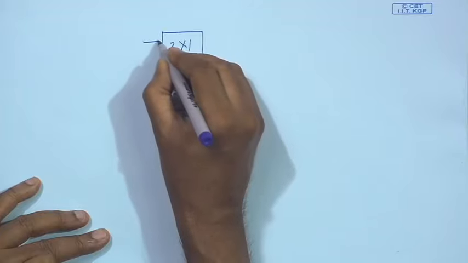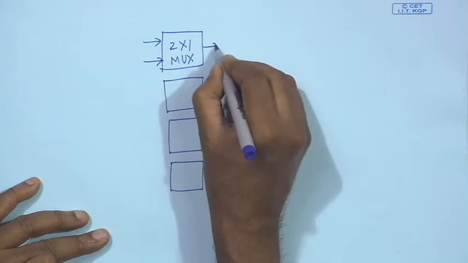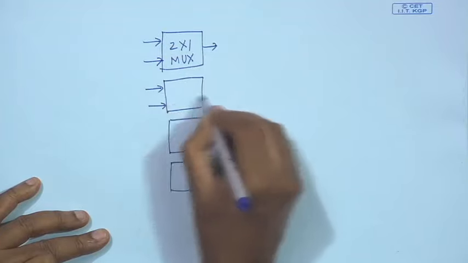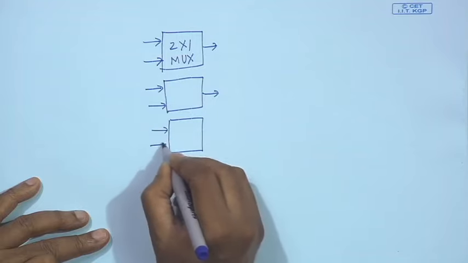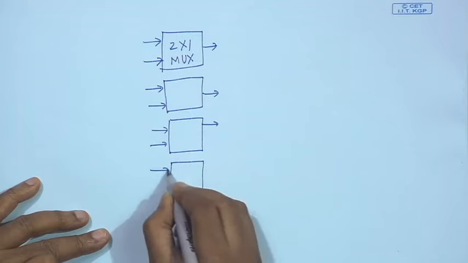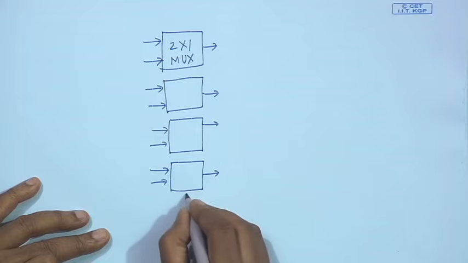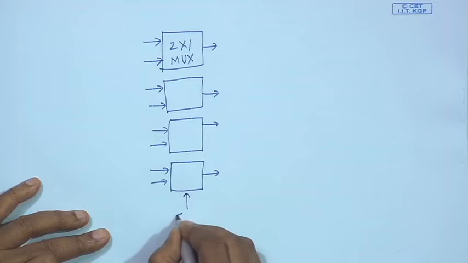Each of them will have 2 inputs and 1 output. They will have a common select line SEL, which is connected in parallel to all of them.